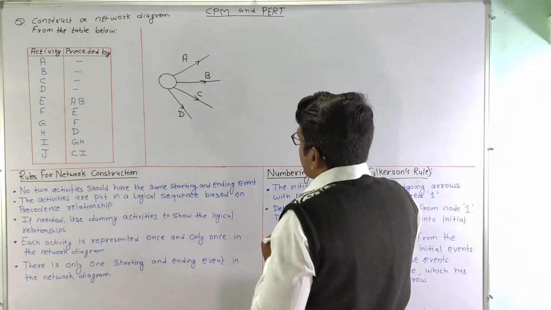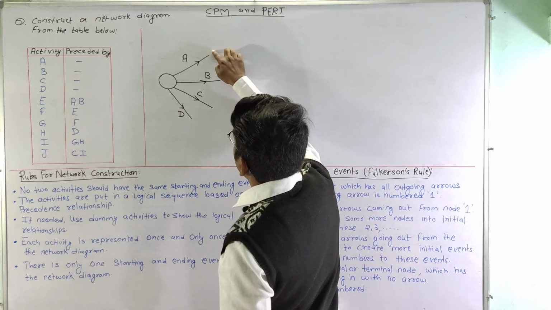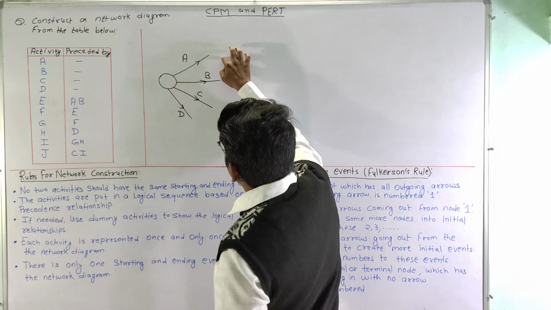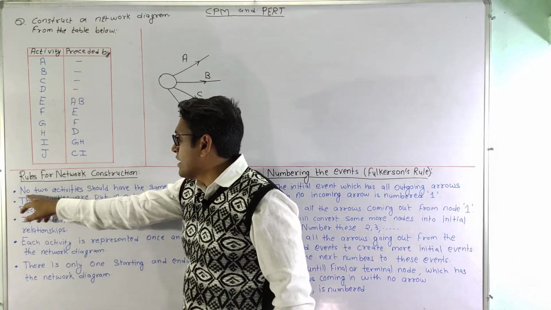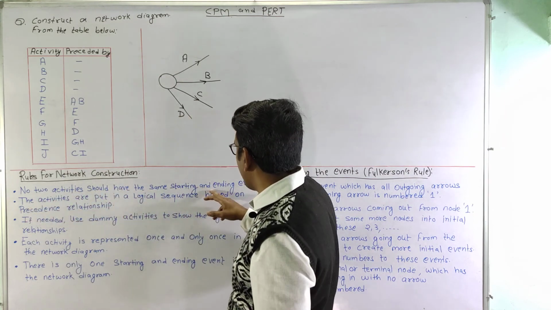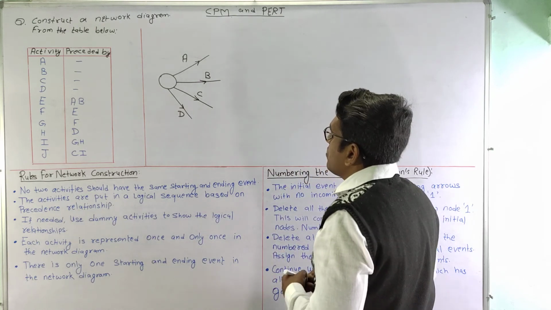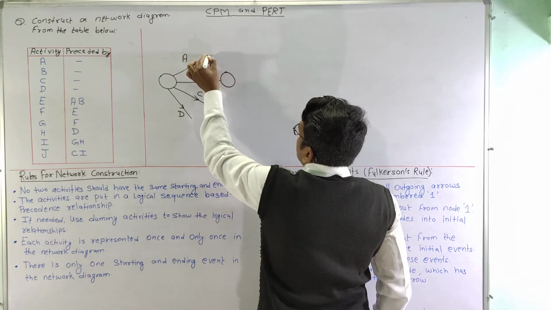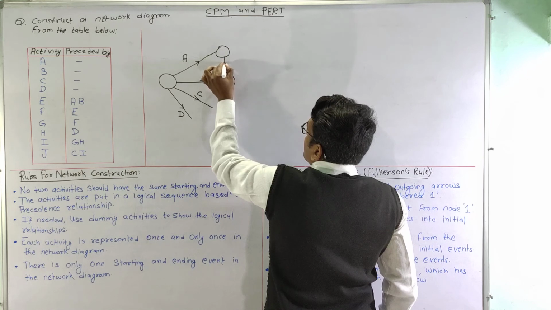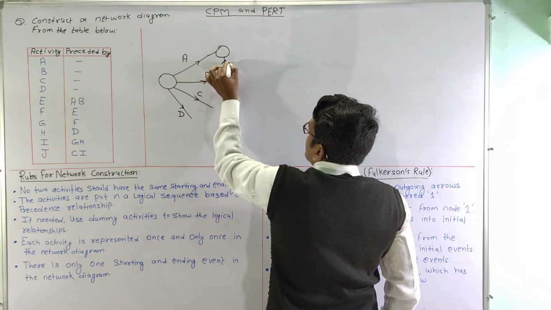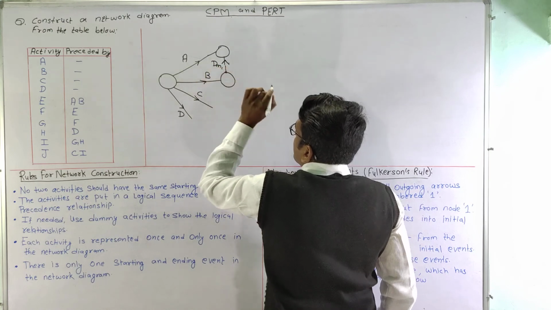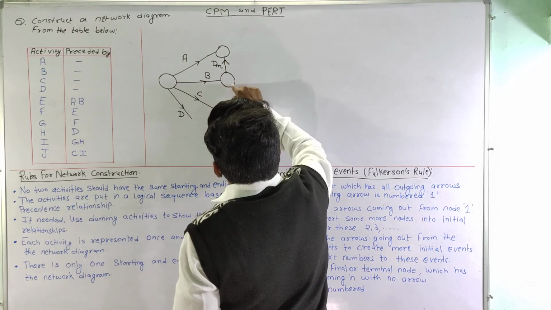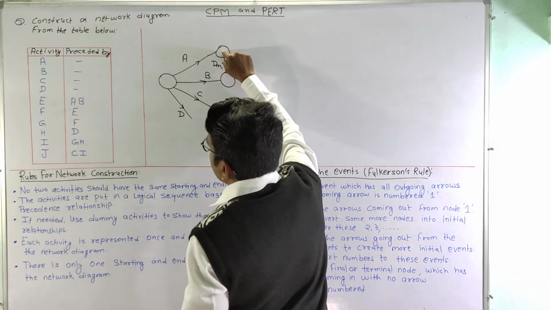If we draw an event here and join activity B also here, it will violate the first condition, which says that no two activities should have the same starting and ending event. So again we need a dummy activity here which will show the dependency. This is the first dummy activity, and at this point it is showing the dependency of B as well as the dependency of A.